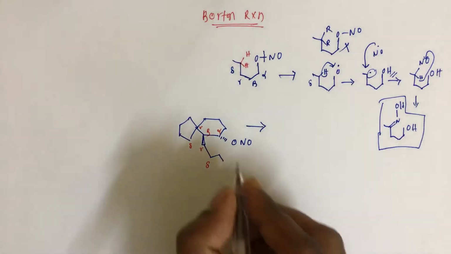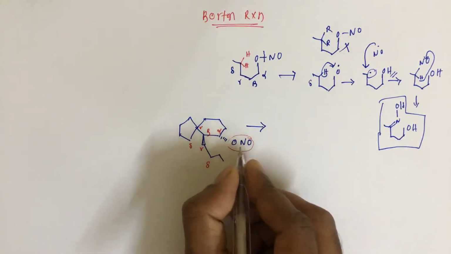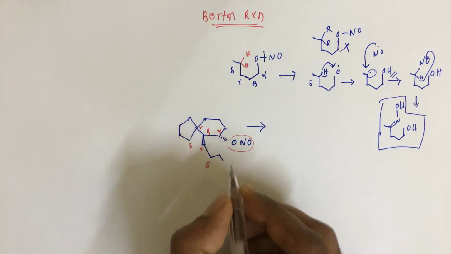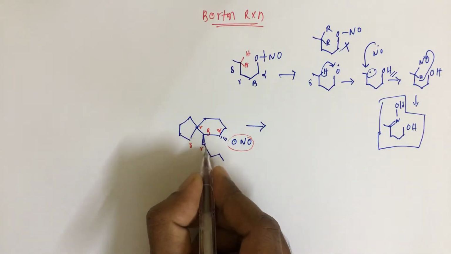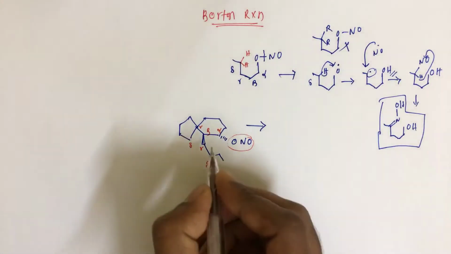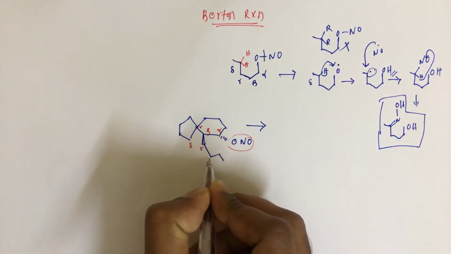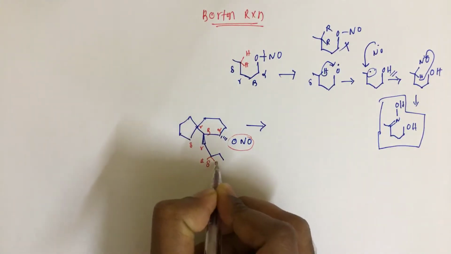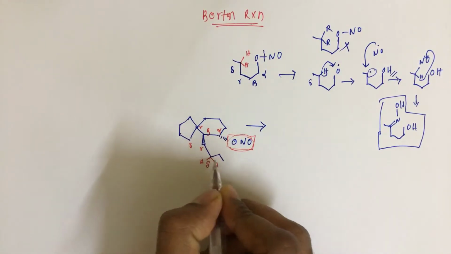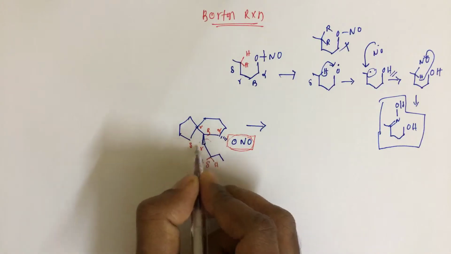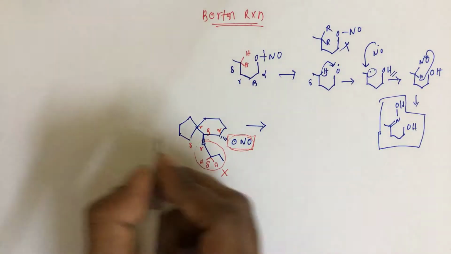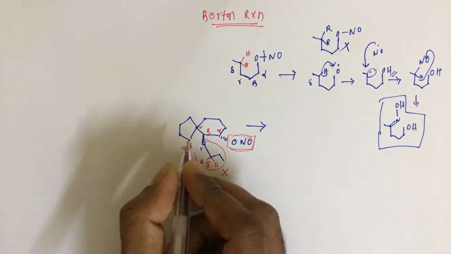Here the nitrosyl group, this ONO, is below the plane, but this carbon chain is above the plane. So now the hydrogens from this carbon will not be shifting from here to here, because this is present below the plane, and this is above the plane. Because of that, this will not be involved in the Barton's reaction. So this carbon will be involved in the Barton's reaction.